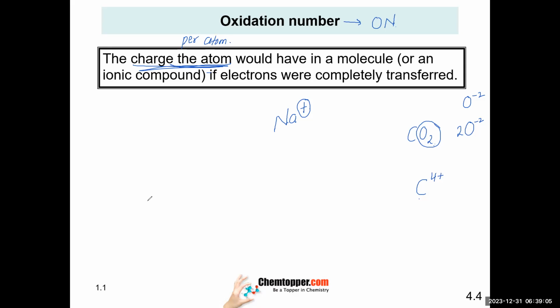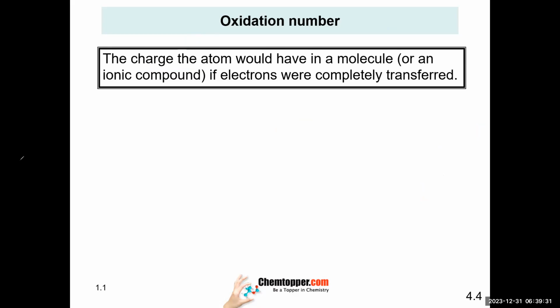It is the charge per atom when the rest of the other atoms are removed. Is it okay? So please don't get confused with the oxidation number definition, because many times children start giving me the oxidation number of a group of atoms. No, it's per atom. So let's see the rules.